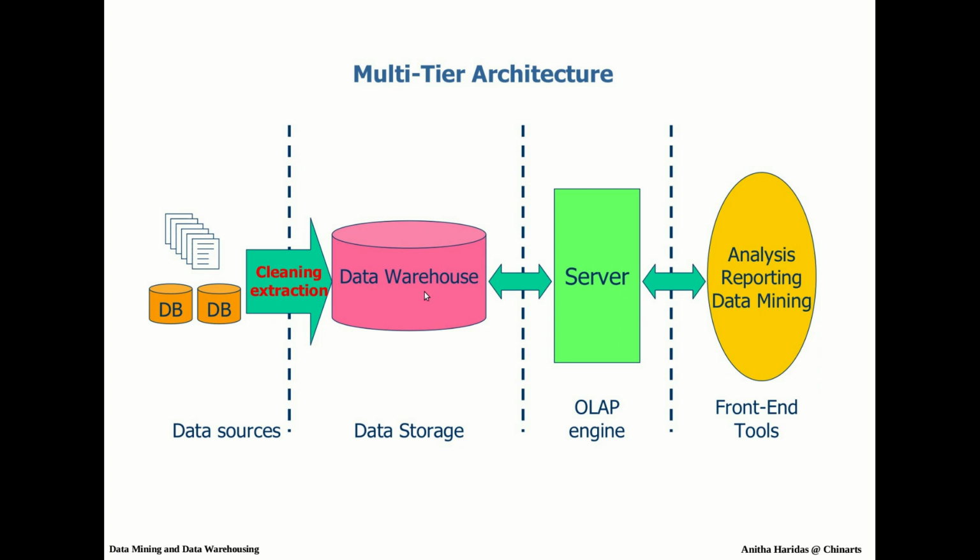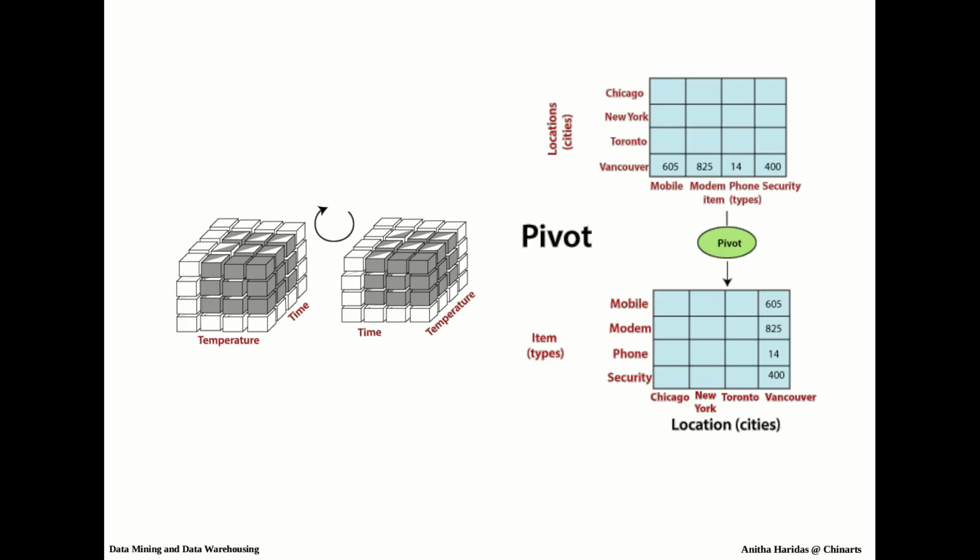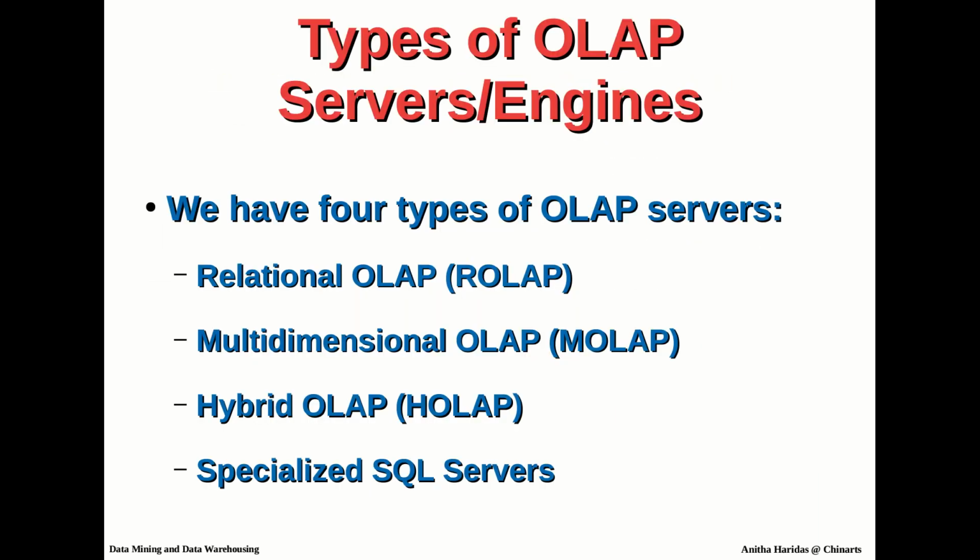So to perform the OLAP operations on this data warehouse, the OLAP server or OLAP engine is required between the data warehouse and the analytical tools. So in this video, we are going to talk about what are the different types of servers available.